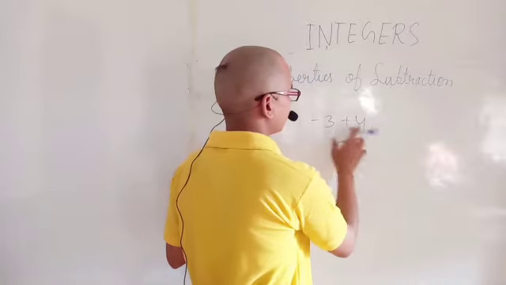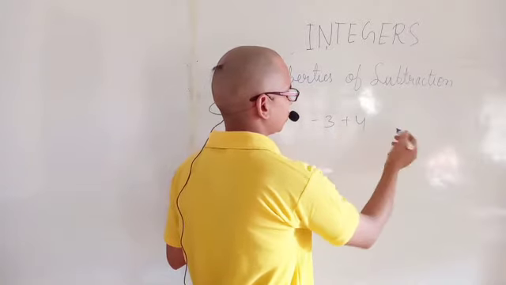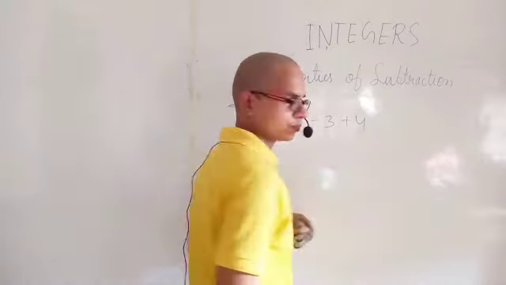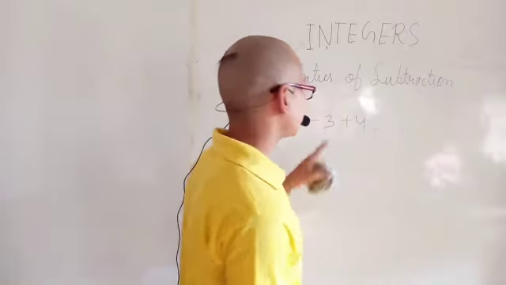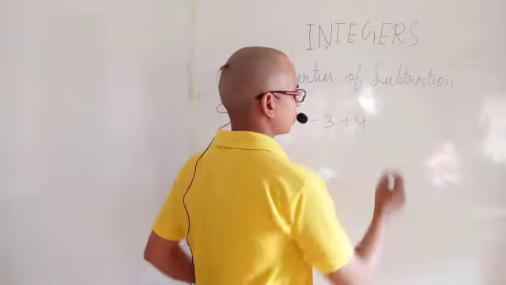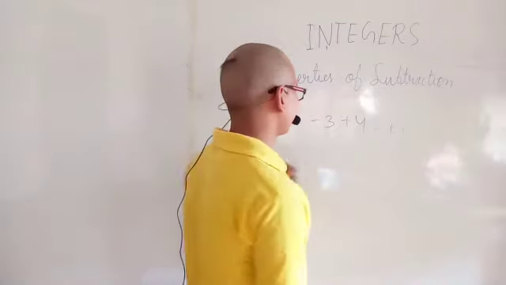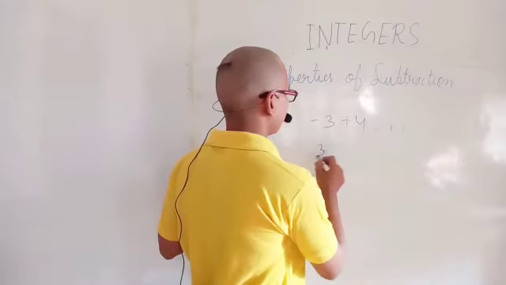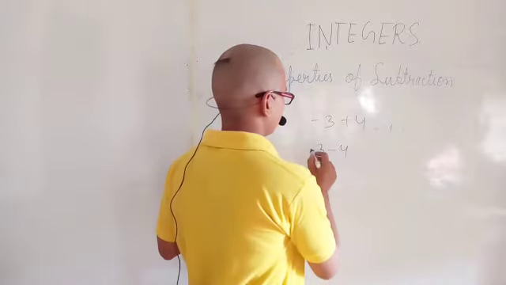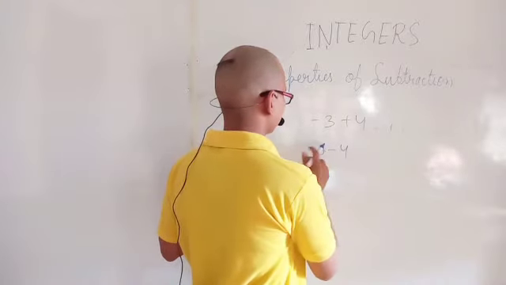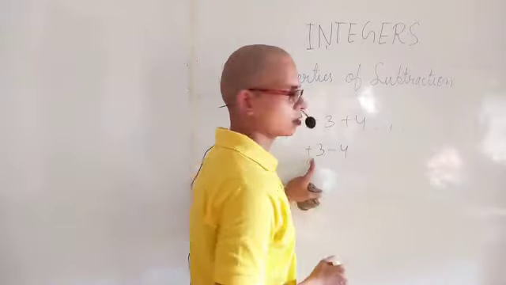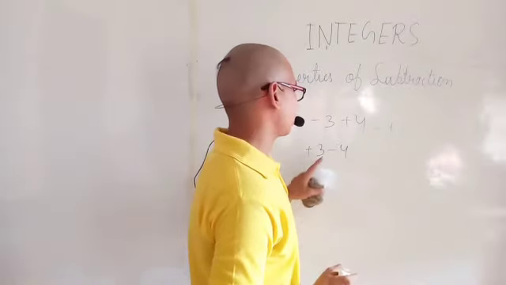So subtraction will take place. So 4 minus 3 we know is 1, and the bigger number's sign is plus 4, that's why we have the answer plus 1. In that way, if we take 3 minus 4, if there is no sign, we can say that it is positive.